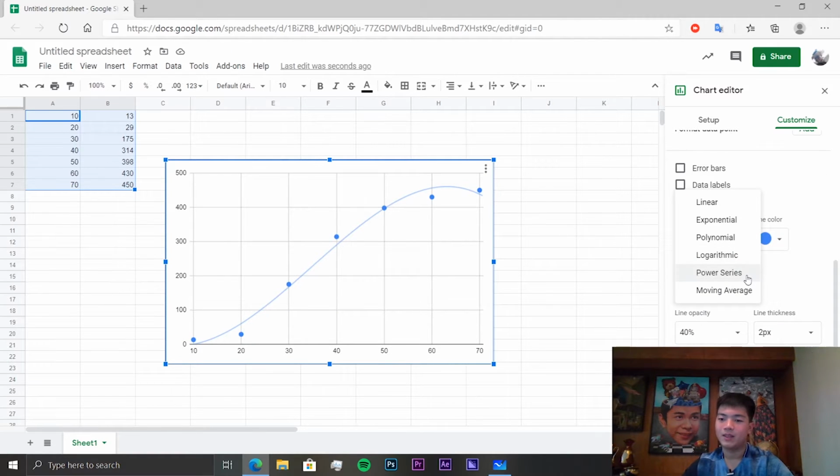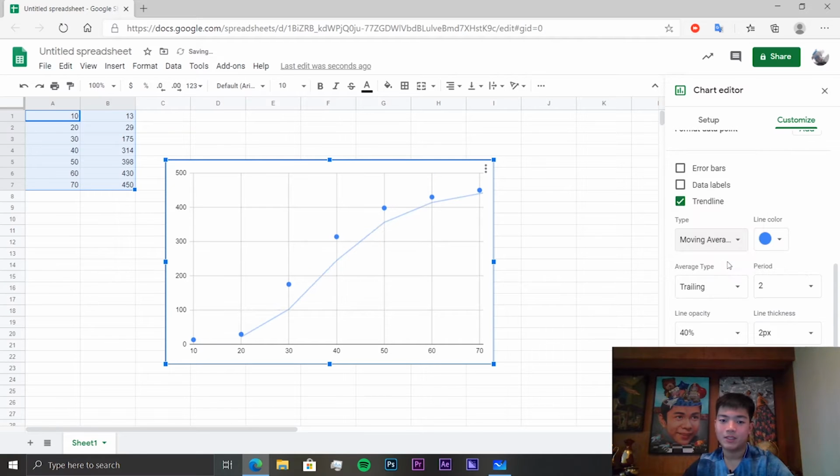It's not really a polynomial. It's not a power series. It's not a moving average. So I'll just stick with a polynomial of degree like 4 in this case, even though it's clearly very wonky.